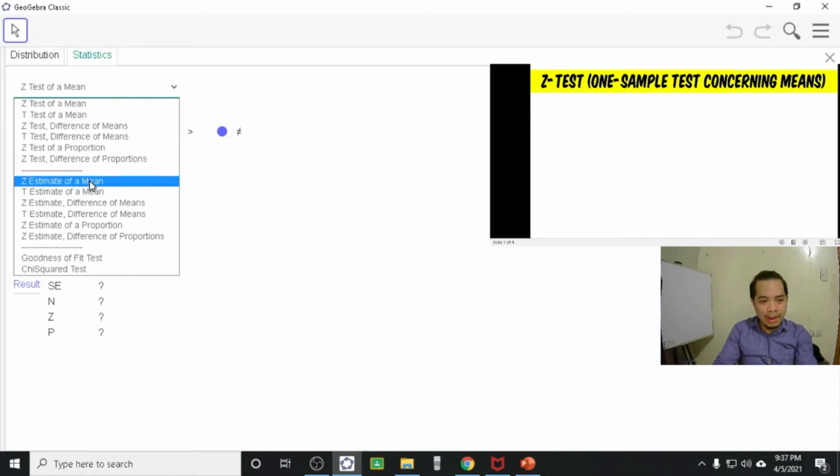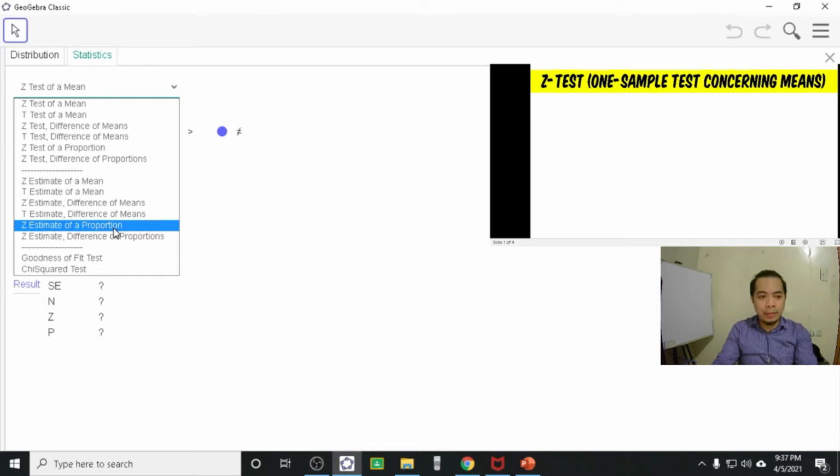We also have a function for estimation of means. We can use z estimation and t estimation. We have an estimation technique for the difference of two means. We can also estimate the proportion.